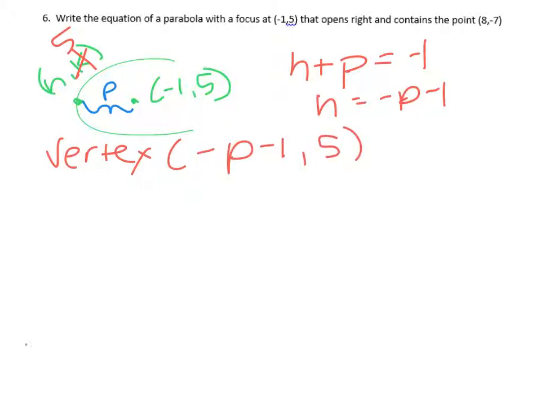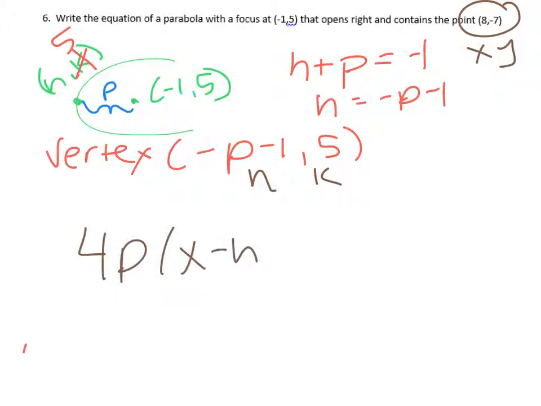And I'm going to use that and my point. This is x, this is y, this is h, this is k. I'm going to plug it into my equation, 4p times x minus h, equals y minus k, squared.